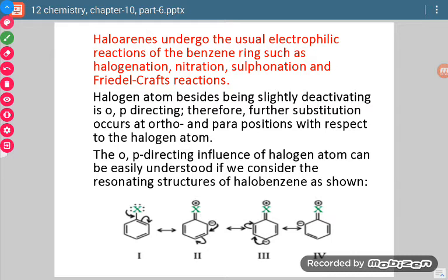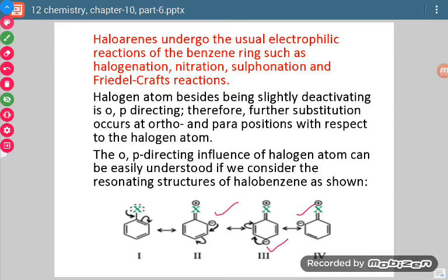haloarenes. Now see, when we talk about haloarenes and look at the resonating structures, we can see from the resonance phenomenon that there is development of negative charge on the ortho and para positions.